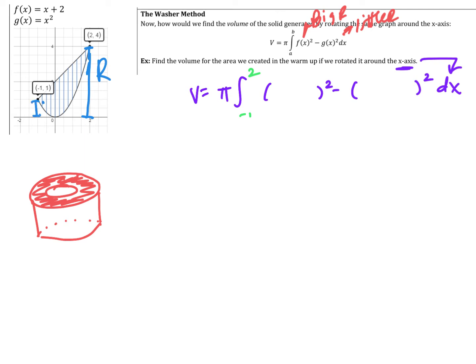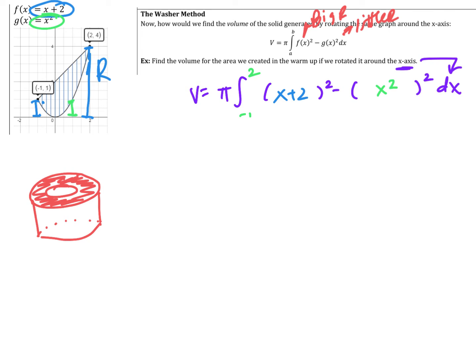So when I rotate it, that area is always going to be bigger. And that is the line, just like we did with the area, so that function is going to come first in our integral. Little r is going to be the smaller area, the area that's forming below, which is going to be our other function, our quadratic.